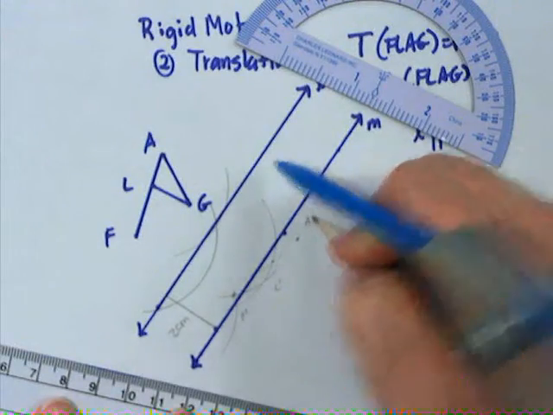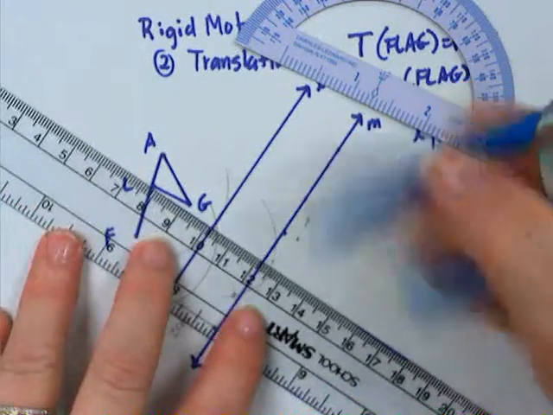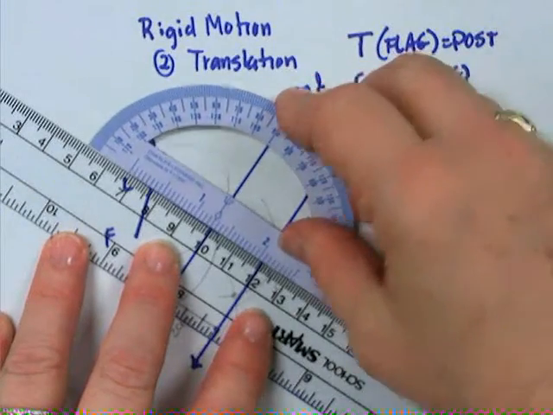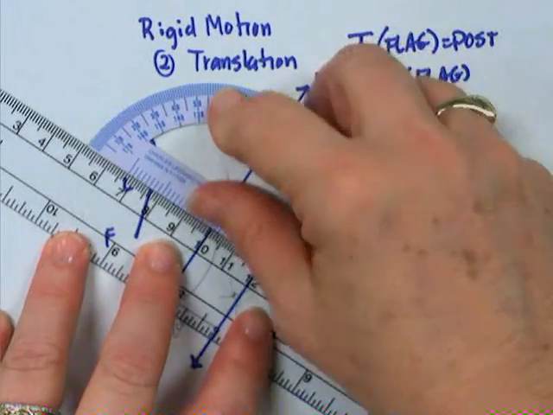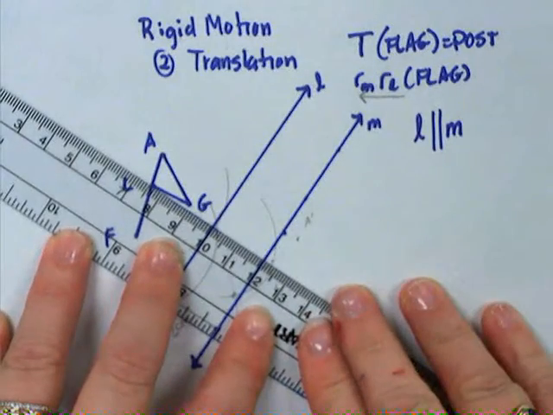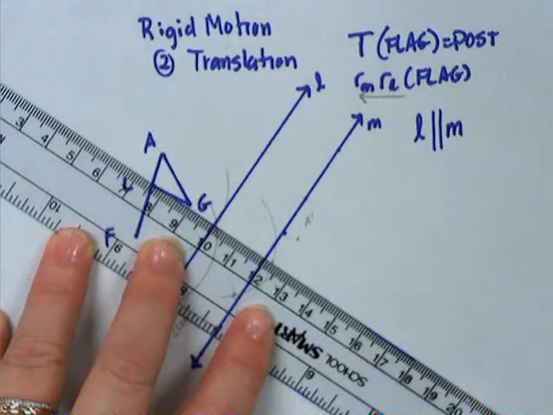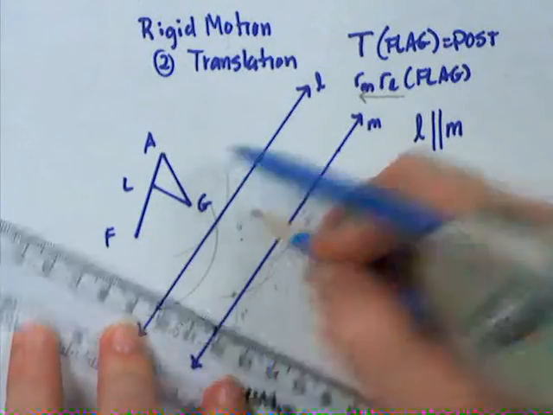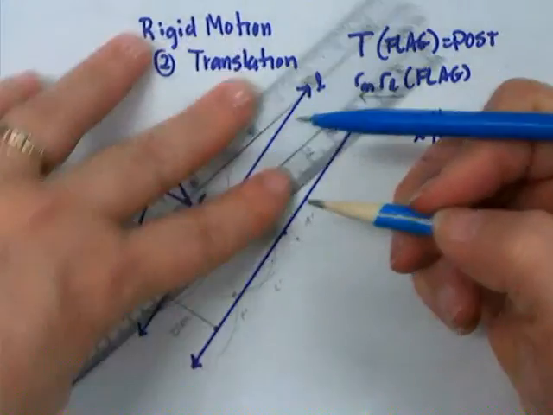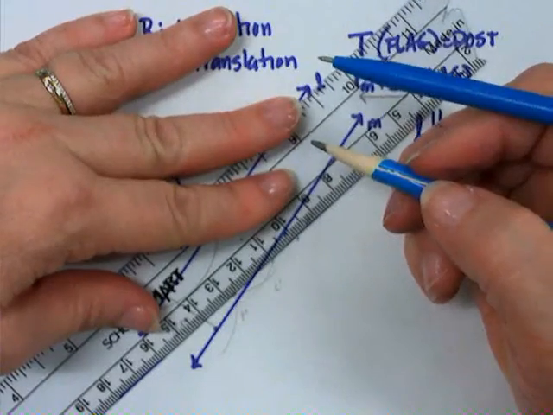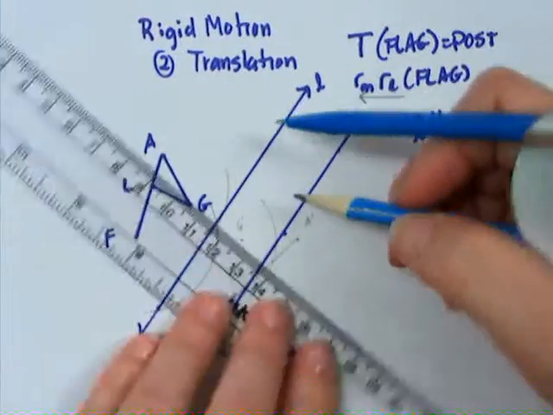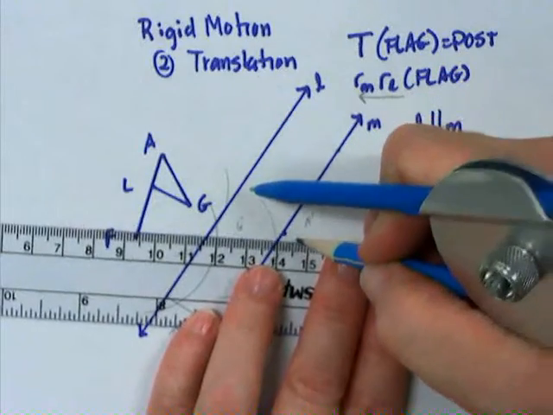That's where my A prime is. Do the same thing as G. Line it up nice and perpendicular. Measure G, it's going to be exactly 1. There's my G prime. I then am going to reconnect these to get my first image, my first output.